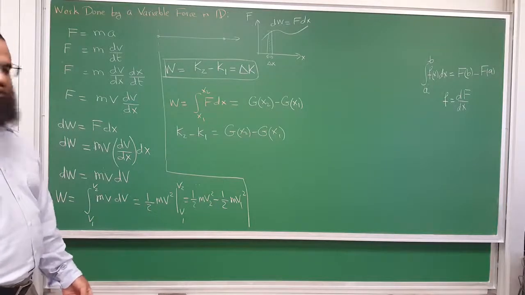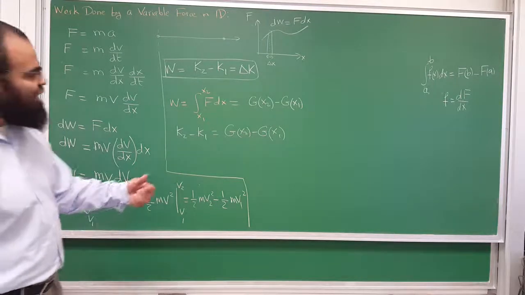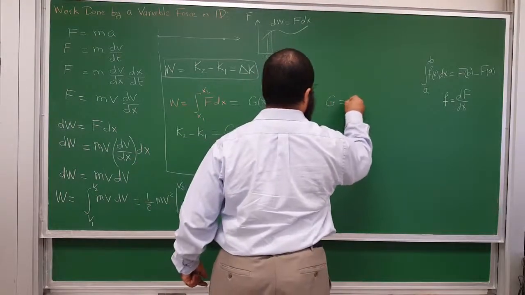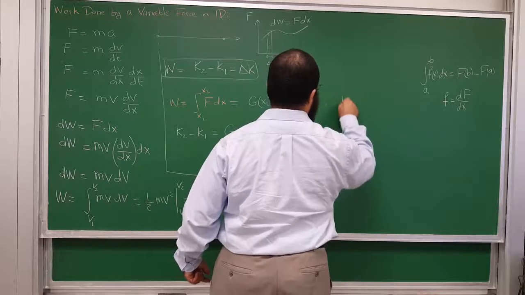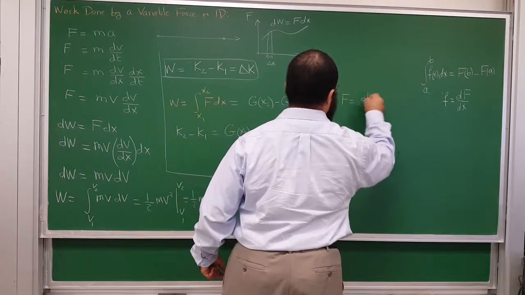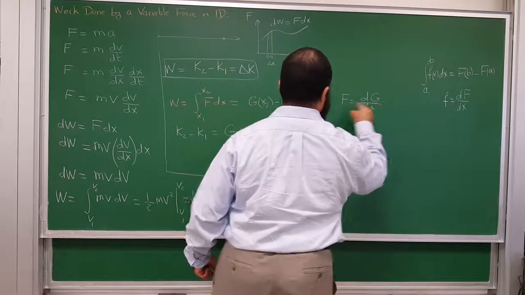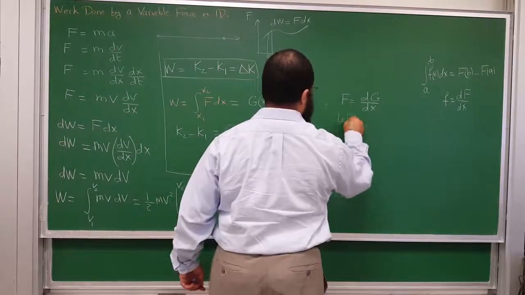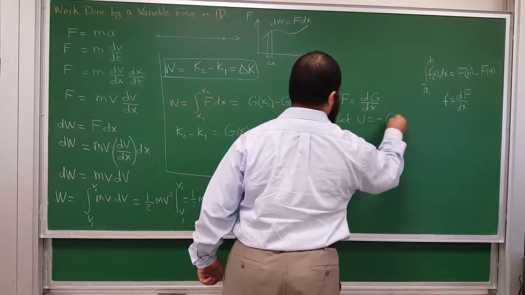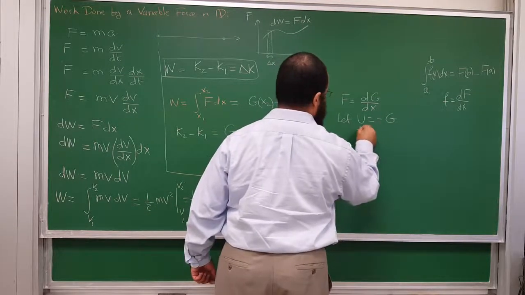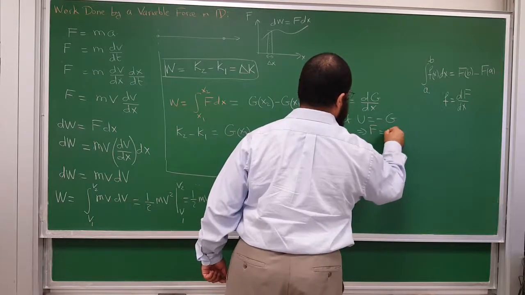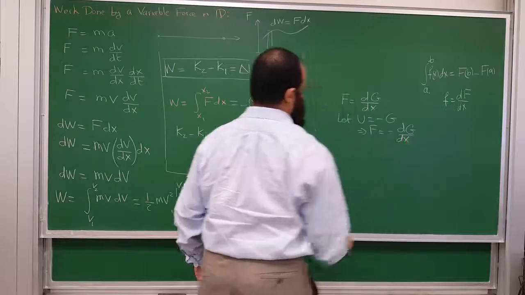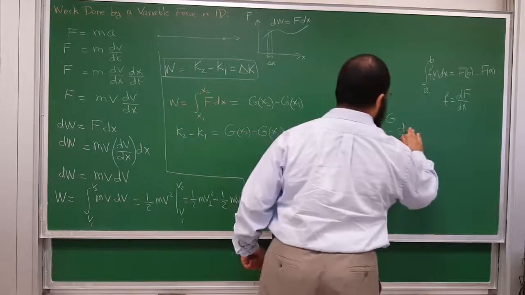We don't like minus signs, and so in physics, what we will say is, let a function, so here G is such that F is dG/dx, right? It's just an antiderivative of that. And let U equal minus G, so that F will equal minus dG/dx, so minus dU/dx.